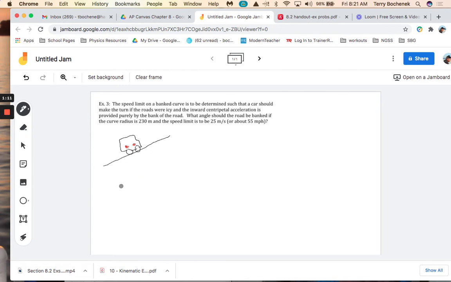So if the center of the circular path is to the left on our paper, then straight inward toward the center of the circle we can call the radial direction. I'm not really going to do a great job of trying to draw in 3D, but straight forward in the direction of the car, the direction of the velocity of the car, you can think of as the tangential direction.